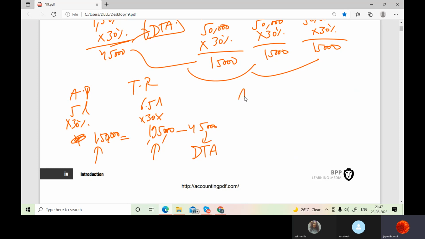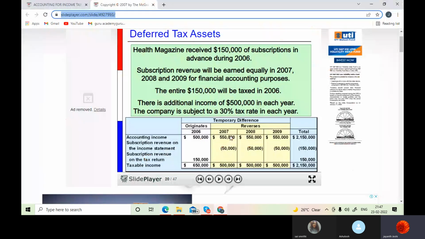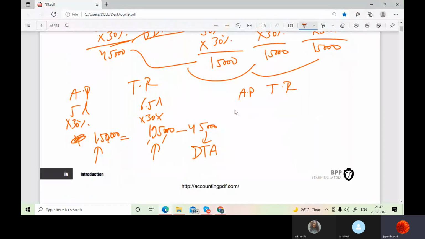So next coming year, accounting profits and tax returns again you can take. So 5,50,000 and 5 lakhs. I'll do it for the first year; the rest of the years will be the same. That is the tax you will be paying on your profits. Here again, 5,50,000 into 30% is how much? 1,65,000.